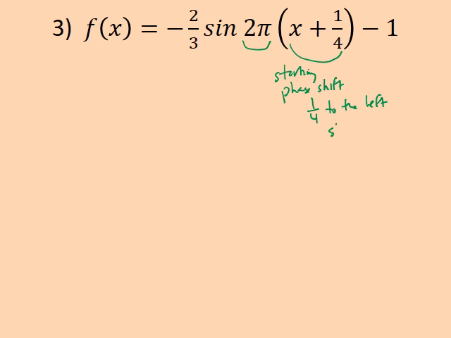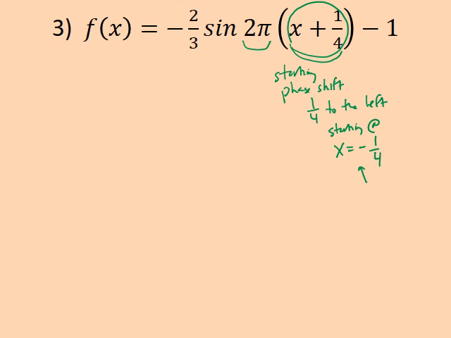So we will be starting at x equals -1/4. Now, if you didn't notice that the 2 pi had been factored out, you could always just set x plus 1/4 equal to 0 and solve for x, in which case you would have also arrived at the fact that x equals -1/4, which is our starting point.